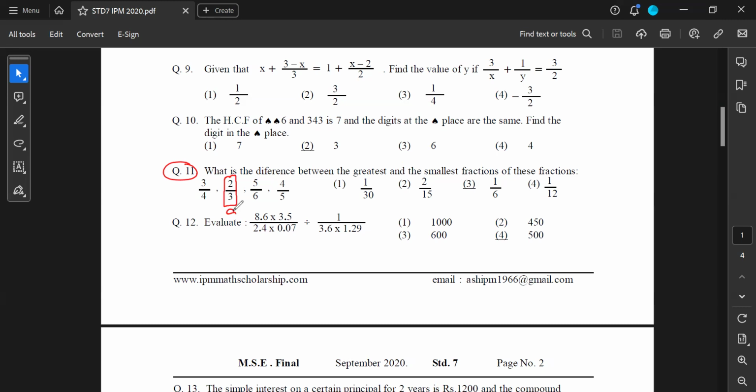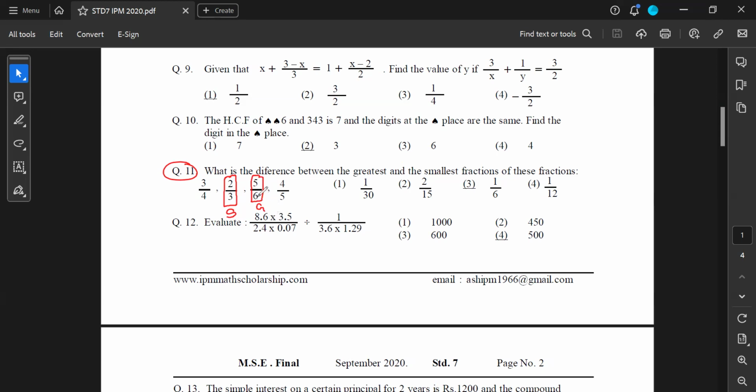Smallest number fraction will be the smallest fraction. When the numerator is small and the denominator is great, how do you identify the smallest fraction? So 2 by 3 will be the smallest fraction, and the greatest numbers will have the greatest fraction, that is 5 by 6 in this case.